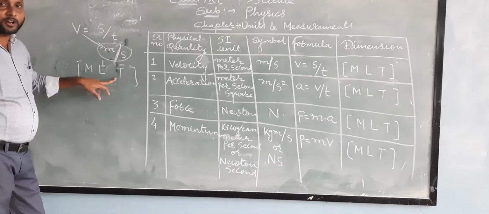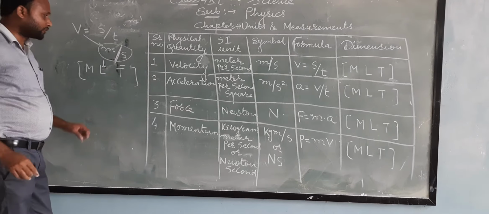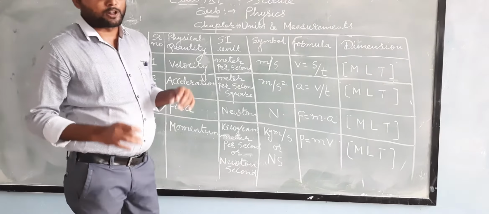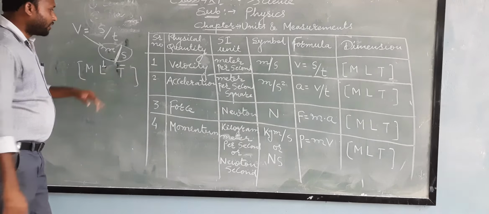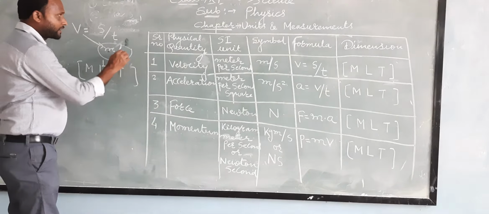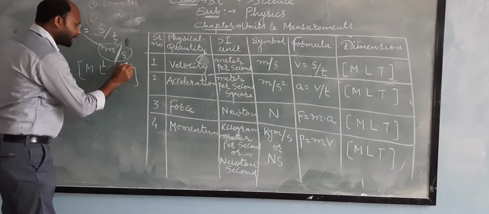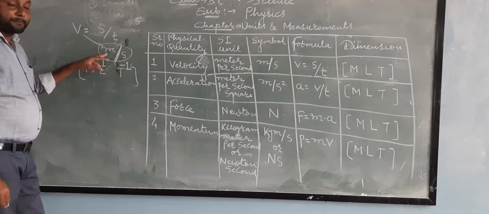So therefore, since this second is in the denominator, we will take a negative sign. जब भी कोई टर्म डिनोमिनेटर में होता है, तो उसका साइन हमें नेगेटिव लेना है. और अभी हमको पावर लेना है, तो s के पावर में अगर देखेंगे हमको कुछ भी नहीं है, इसका मतलब है वहां पे 1 है.